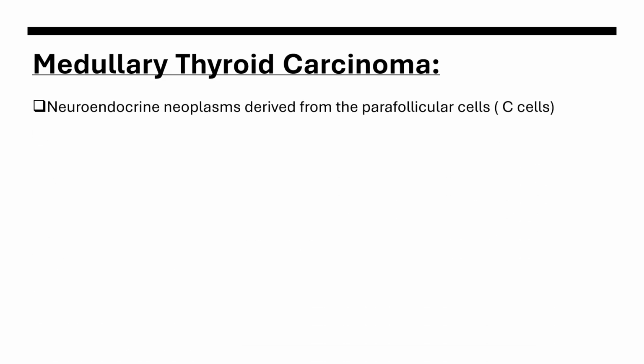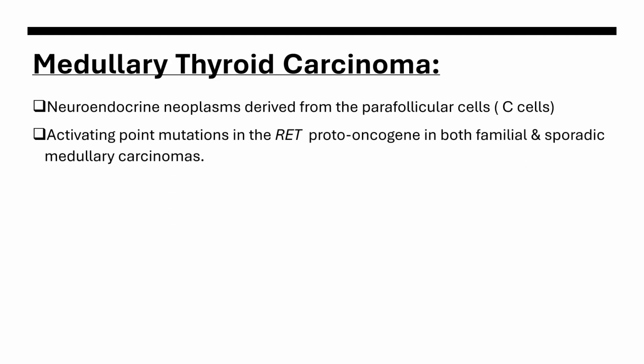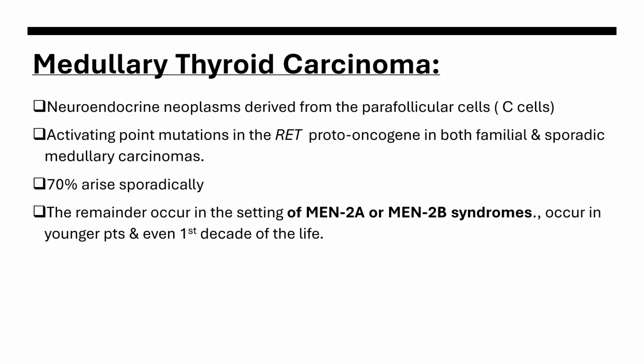This is also called a neuroendocrine neoplasm that is derived from the parafollicular cells or C cells of the thyroid gland. It may present as both familial and sporadic variants, and they both show an activating point mutation in the RET proto-oncogene.